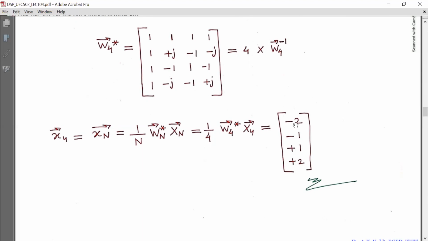Here -2 corresponds to n equal to 0, -1 corresponds to n equal to 1, +1 corresponds to n equal to 2, and +2 to n equal to 3. n is the index of time in a discrete time sequence.